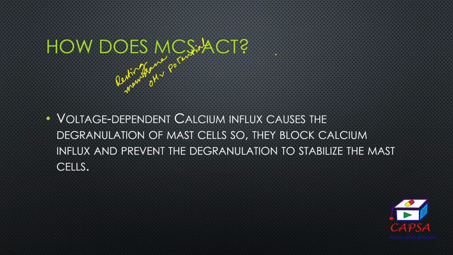When calcium influx occurs, the mast cell membrane goes to the destabilized state and the membrane potential shifts to minus 40 millivolt. So the mast cells become destabilized, the degranulation process occurs, and histamine and other mediators are released.